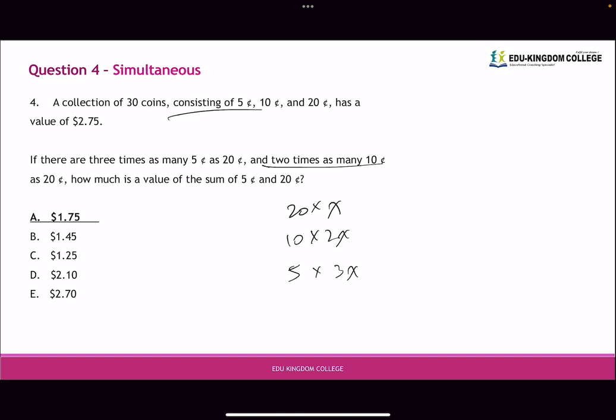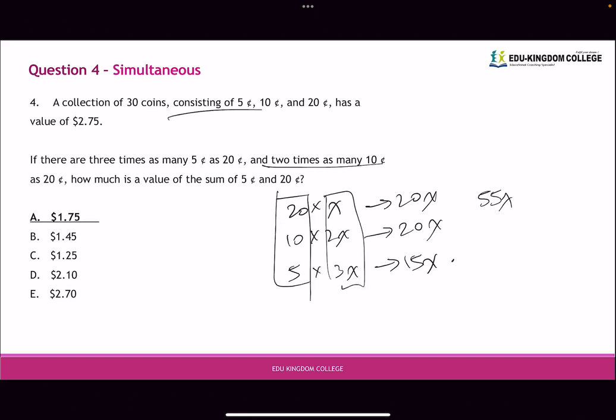Okay, so how many X's is that altogether? So that's 20X, that's 20X, that's 15X. Now add that all up, should give you 55X. So there's 55X altogether, so this is the number of coins, and then this is the value of each coin.